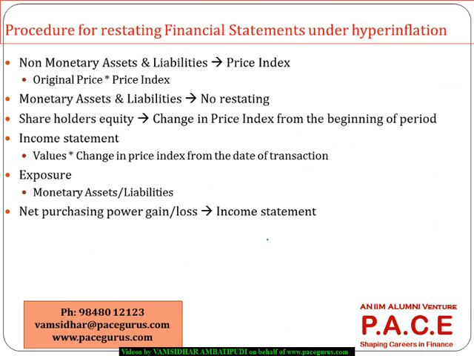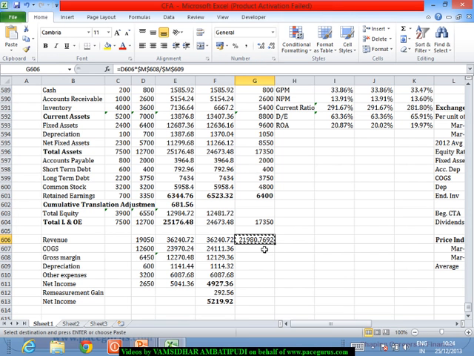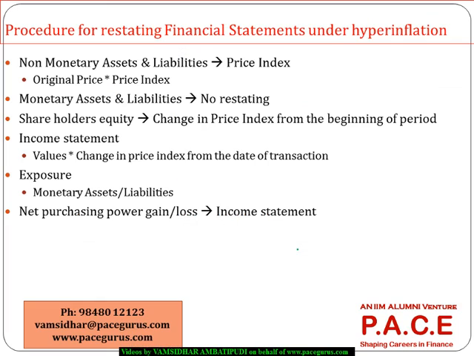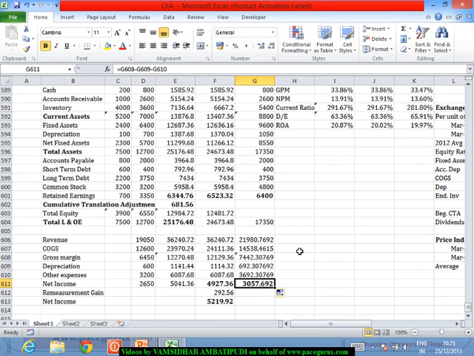That is how I restate all the items in my income statement: the cost of goods sold, the depreciation, the other expenses. From this I get my gross margin, and from here my net income and the net purchasing power gain or loss.